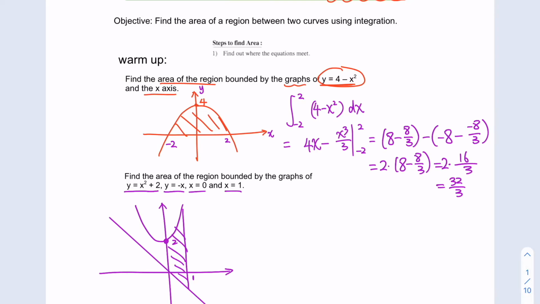That's a region. So the area is given by the integral from 0 to 1 of x squared plus 2 minus -x dx. So basically this is top minus bottom. And then you can integrate this yourself.